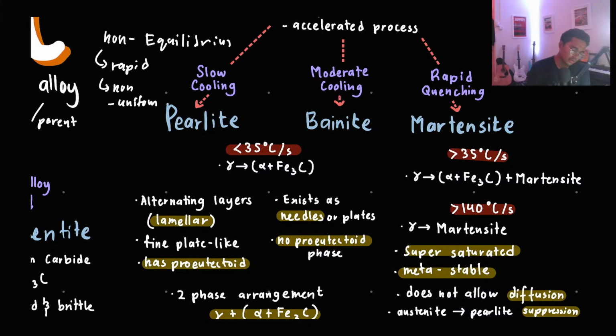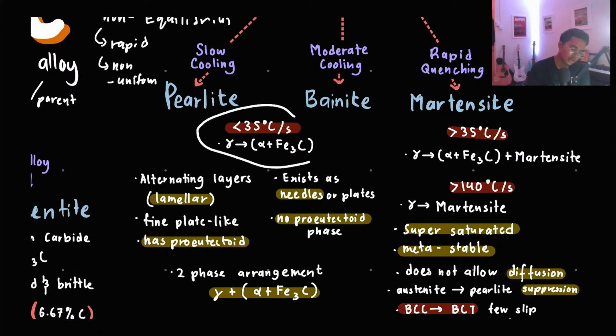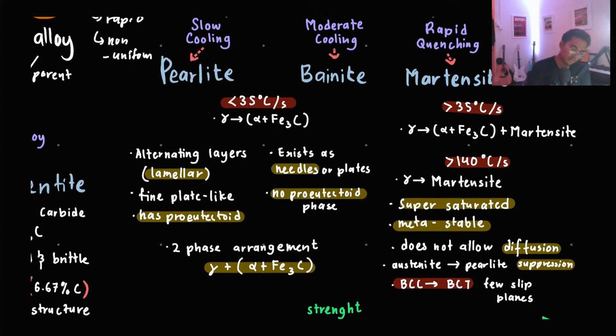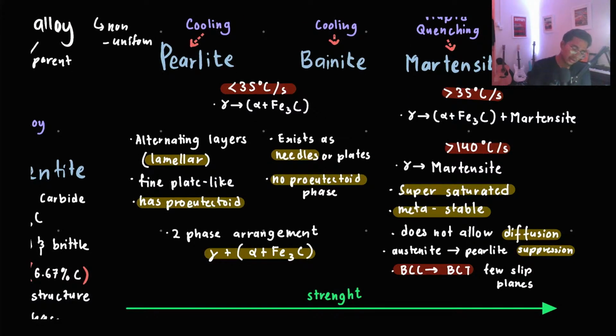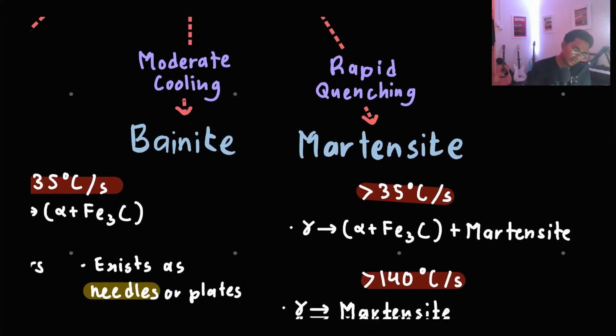So slow cooling and moderate cooling falls under 35 degrees Celsius per second. That will produce perlite and bainite. But if you rapidly quench, you will have a higher delta T over delta T.